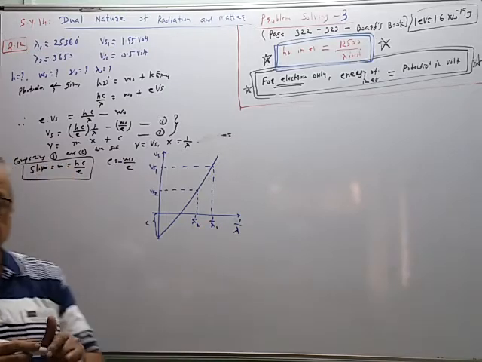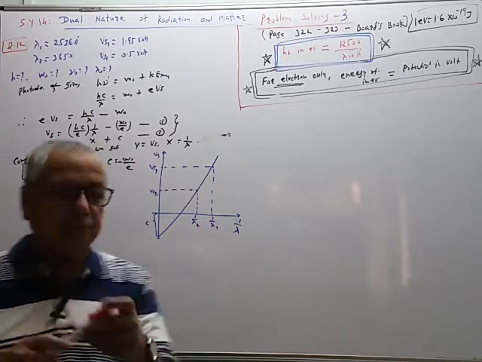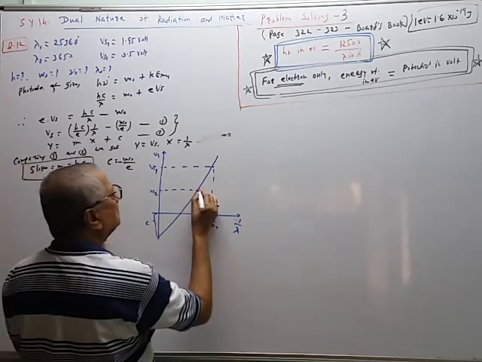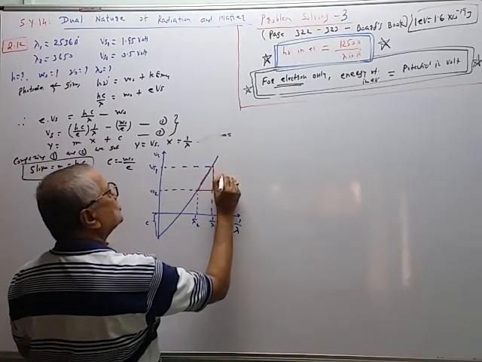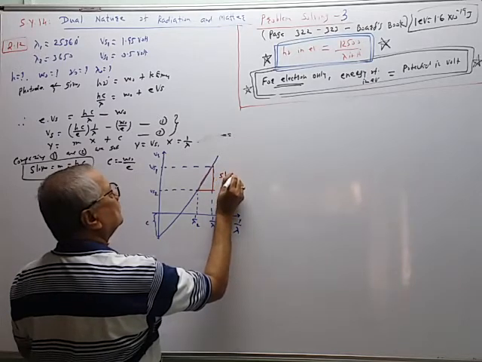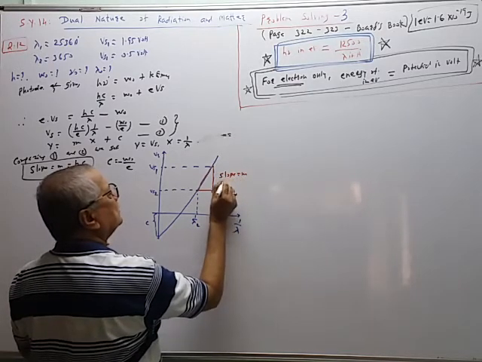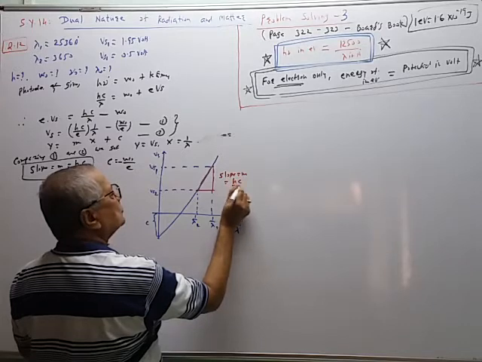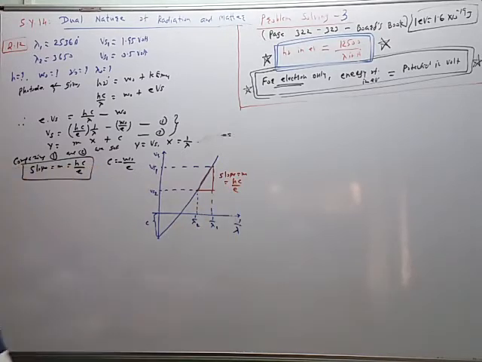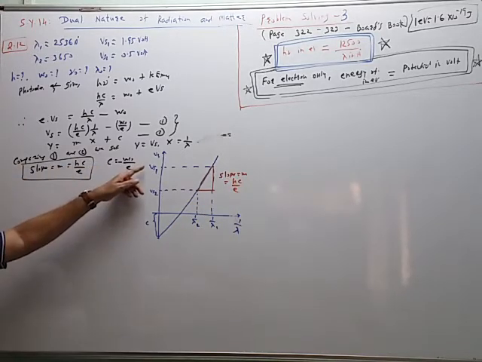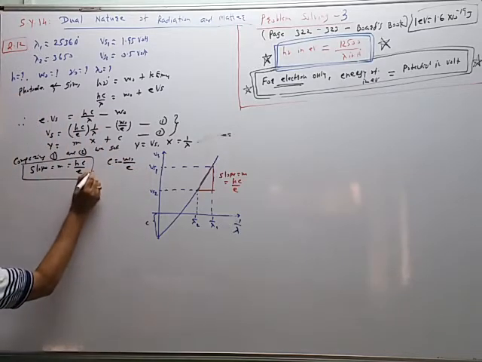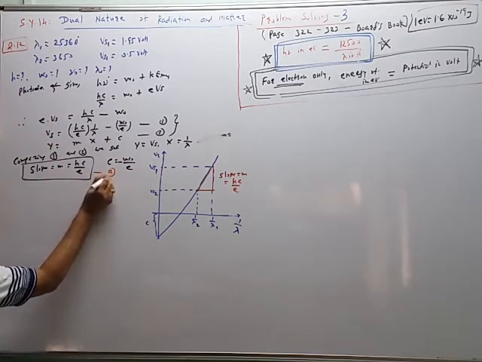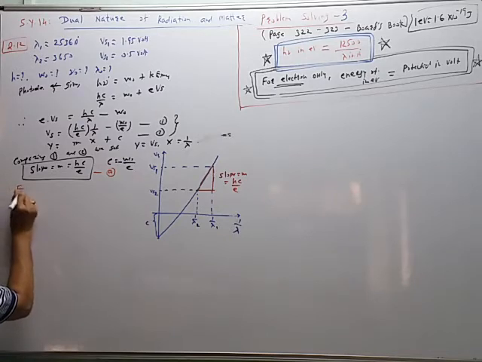And this is the slope. Slope m is equal to h into c by e. So we can find the slope by this graphical method. This is equation small a from graph.